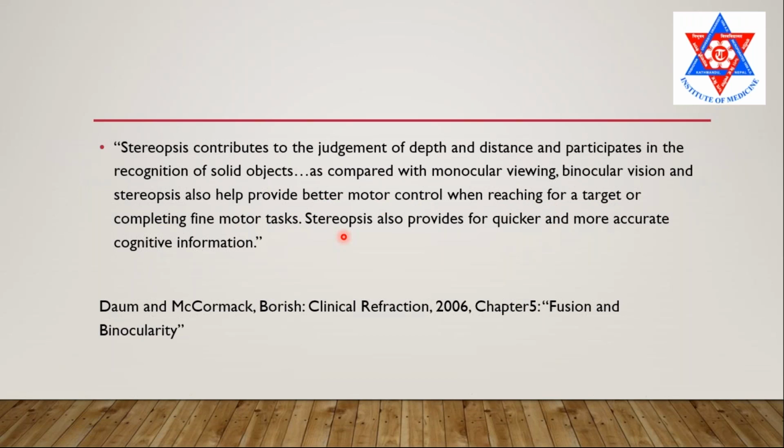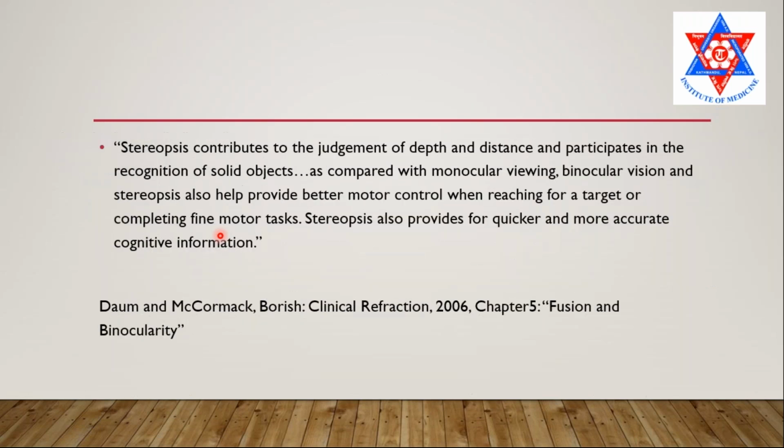So we can see these statements highlight stereopsis not only as a test of binocularity, but also as a test which helps in different other aspects. Good stereopsis helps the patient in doing fine motor tasks, and also helps in providing quicker information for cognitive tasks.